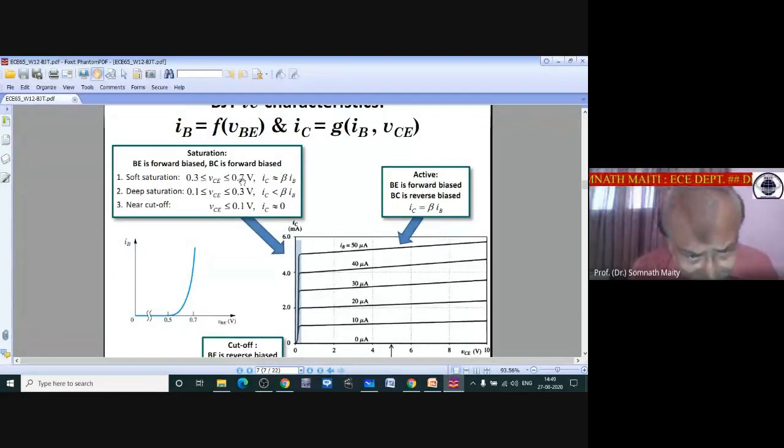Deep saturation. Saturation means transistor current is very high. It is behaving as a short circuit. Whenever a circuit is short circuited, its voltage becomes low. So that's why it is called deep saturation. Forget about this exact definition. Actually, this is taken from a big book. You may not be able to follow that.